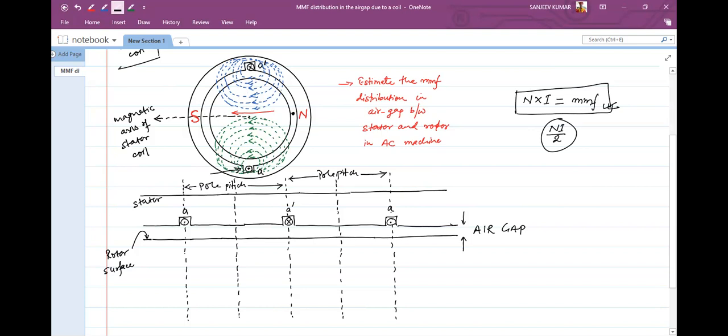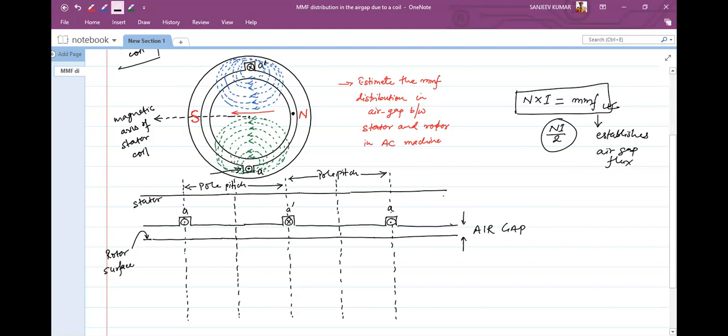So this entire MMF gets involved in establishing the air gap flux, and at any given point we have two sets of air gap. If we are analyzing this point, the other set of fluxes is associated here.